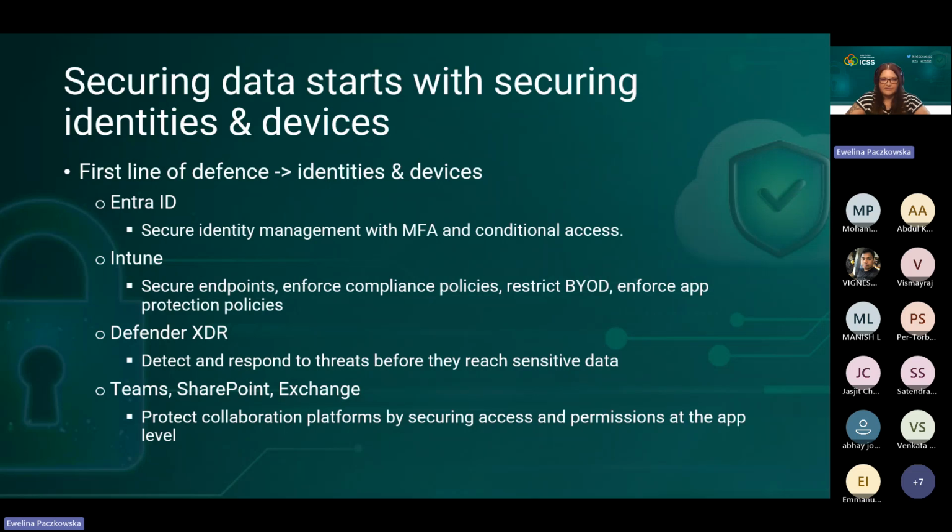Even if you've got sensitivity labels in place with encryption, what good are they if you're not protecting your devices or your users? So your first line of defense is based on protecting identities and devices. You'll be touching on products and solutions from within Entra ID, Intune, Defender XDR, and then specific object permissions relating to Teams, SharePoint, and Exchange.